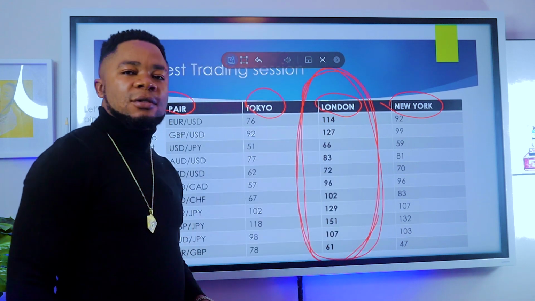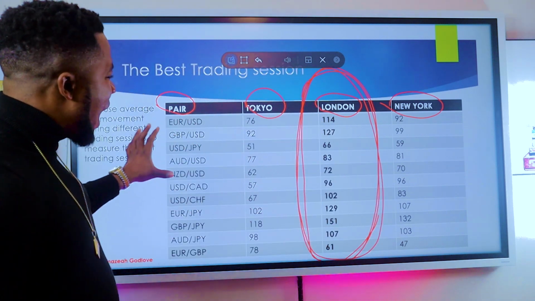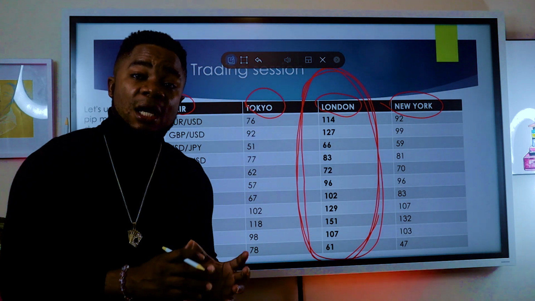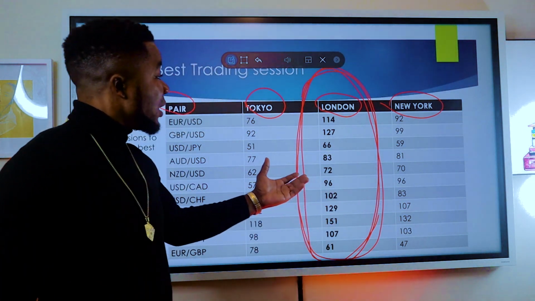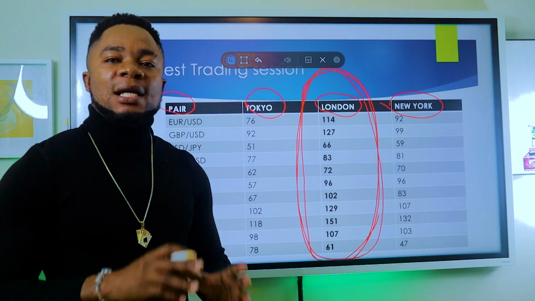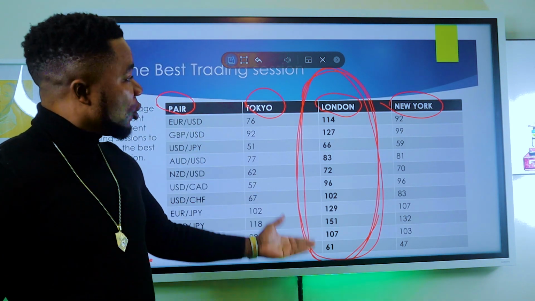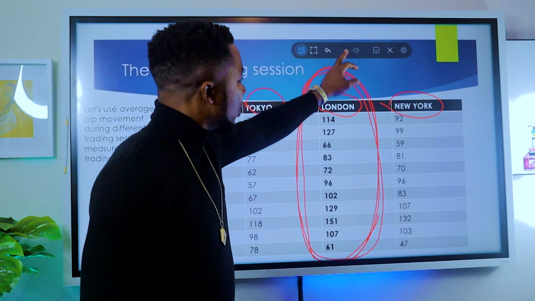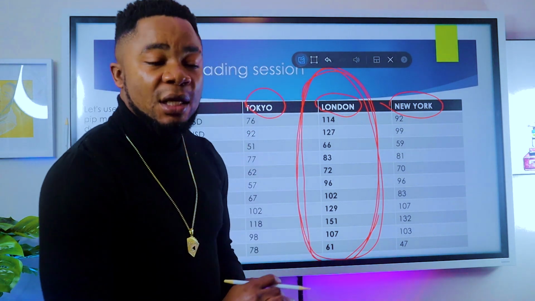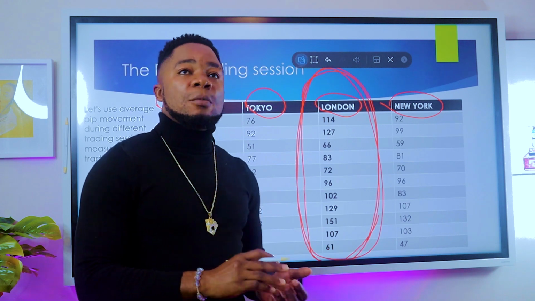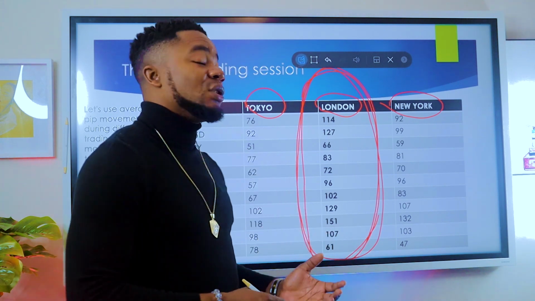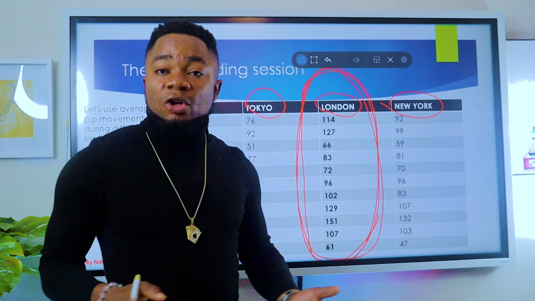You can see from the chart that the London session has the highest average pip movement. So when it comes to the Forex market, even if you have your day job or you're busy, the best time you can always set aside to trade Forex is the London session.